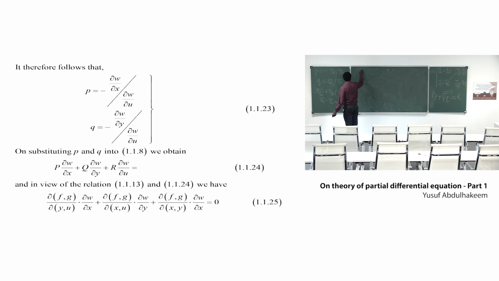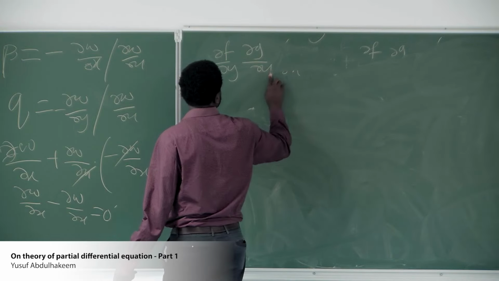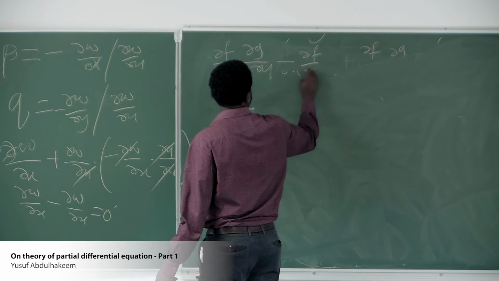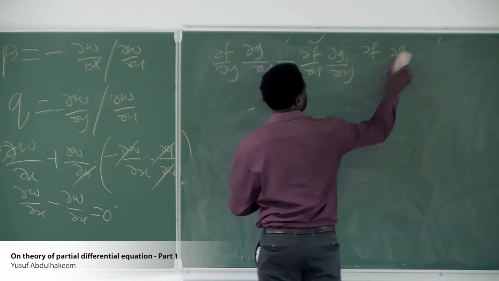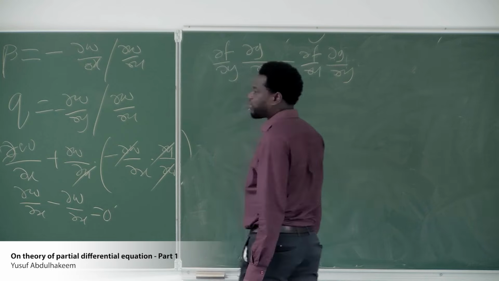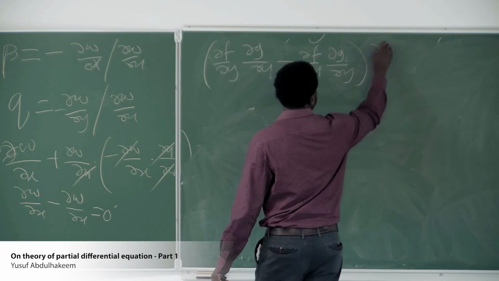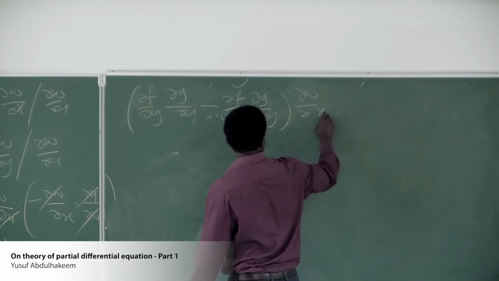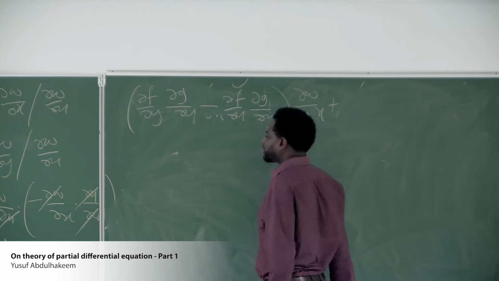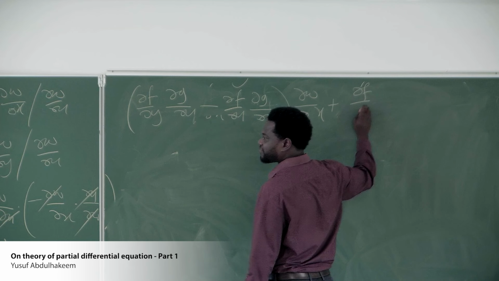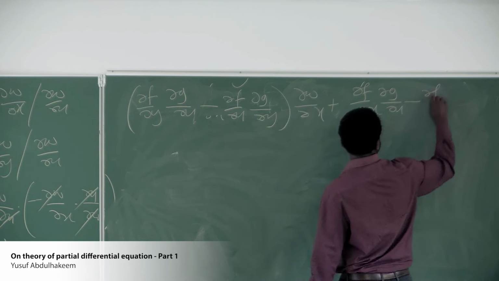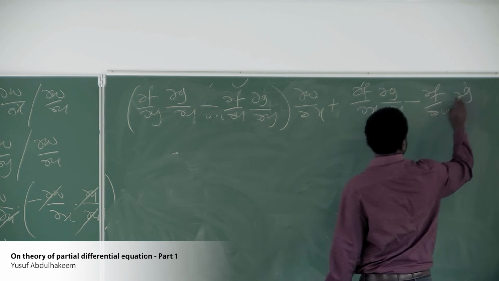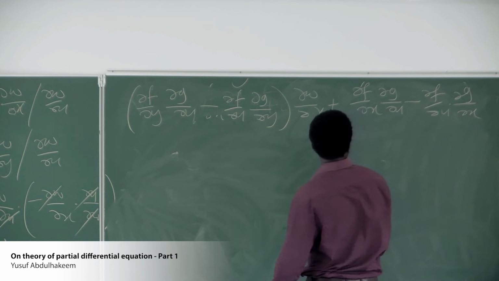This is the same thing as ∂f/∂y times ∂g/∂u, minus ∂f/∂u multiplied by ∂g/∂y. The whole of this multiplies ∂ω/∂x. Plus the next one, which gives us ∂f/∂x multiplied by ∂g/∂u, minus ∂f/∂u multiplied by ∂g/∂x.